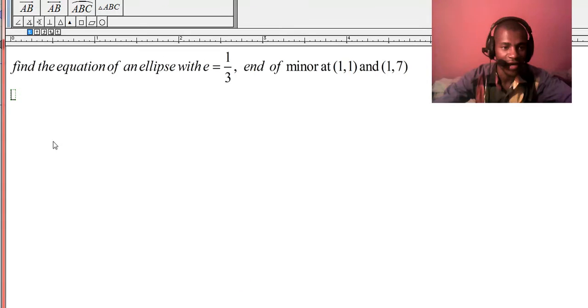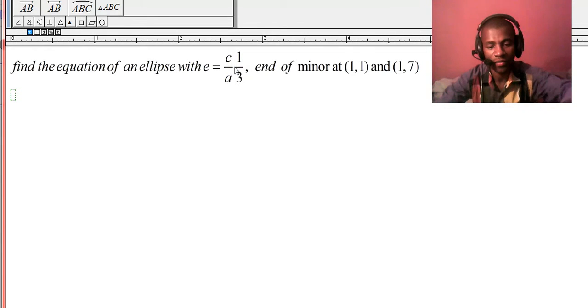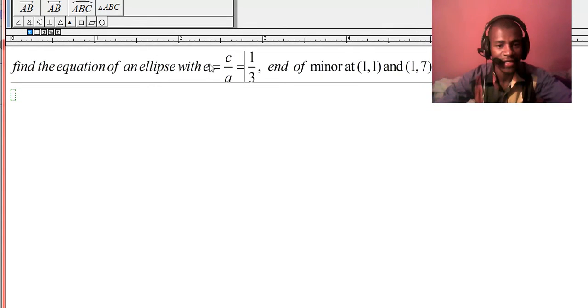So now we have, let's also just simplify this one to make it e equals c over a, which is equal to 1 over 3.